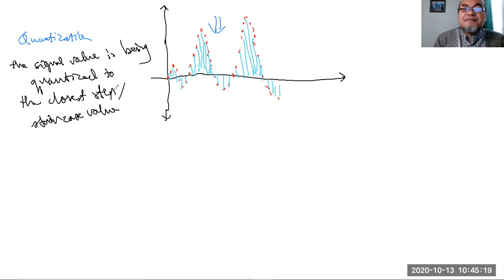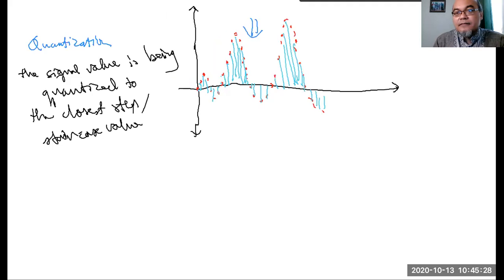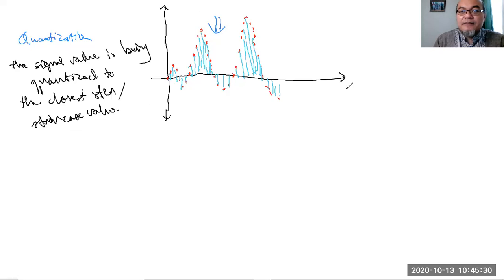So, for example, from this whole value of x, with time in seconds, this is the x value. Then it will be quantized further. It cannot have any value on the y-axis, but instead it will be rounded to the closest step.